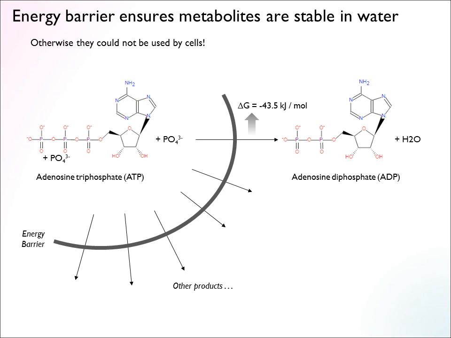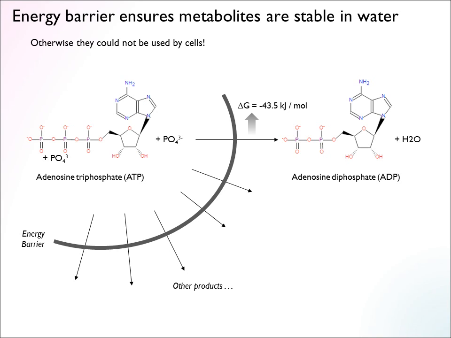So I'd like to emphasize this difference between favorable reactions that have a negative delta G and spontaneous reactions. In metabolism, most compounds, metabolites that we encounter, are reasonably stable in water. That means they may interact in reactions and may be able to form products, but this doesn't happen just by itself.